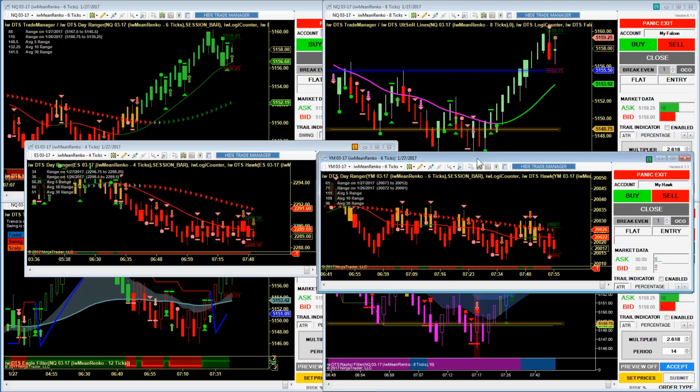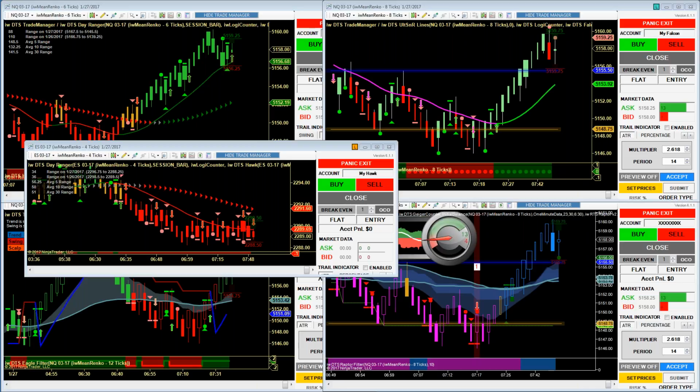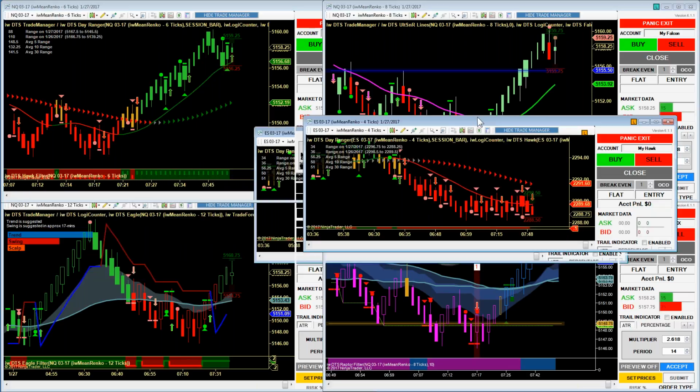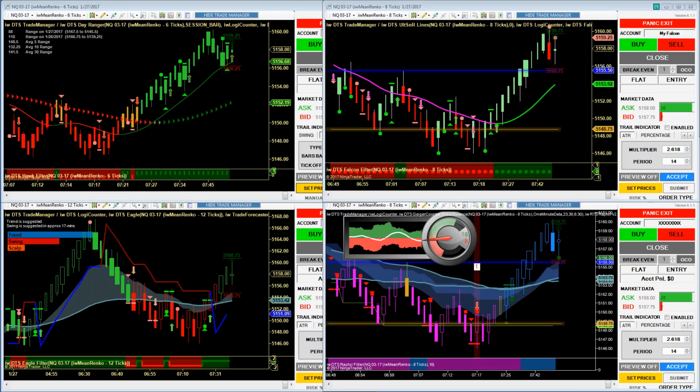Honestly, I trade each instrument individually. I know there's a lot to be said for knowing what the Dow is doing and what the E-mini is doing. But as you can see, they will move independent of each other. I don't know. The fact that the E-mini and the Dow are not rallying could weigh here on the NQ. We could see a little bit of a move lower here, which would help Tony out a bit.